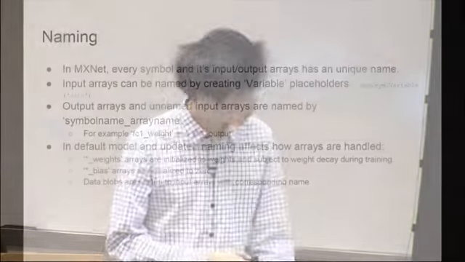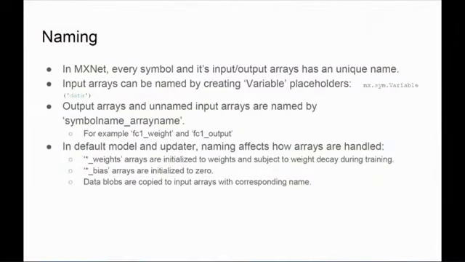So I want to talk a little bit about naming. In mxnet, every symbol and every array in the symbolic graph has a name. And the names are not arbitrary. We have certain name conventions that can impact behavior. You can create a variable placeholder by declaring a variable.